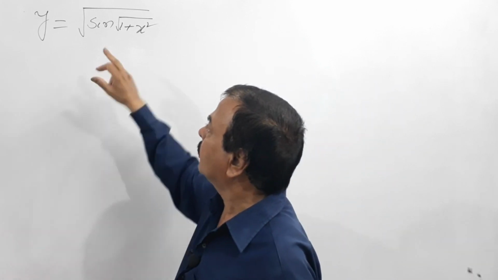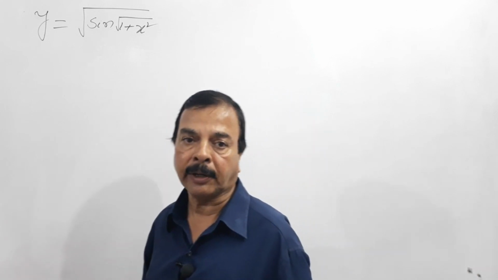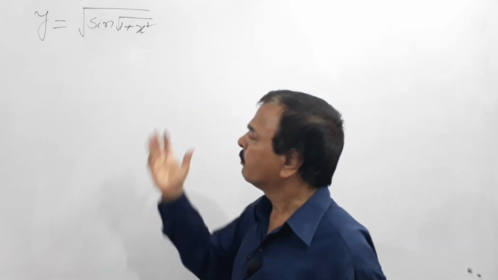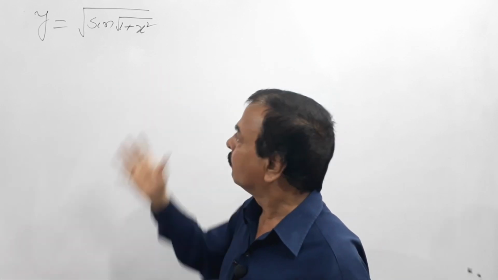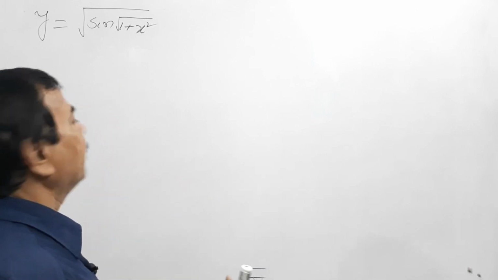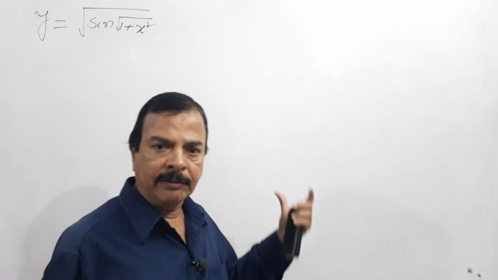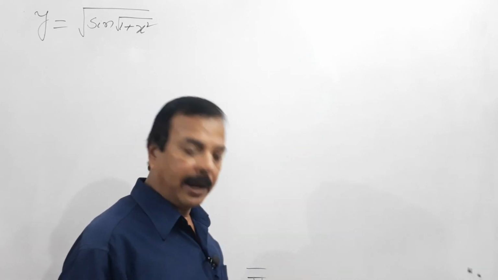y equals to under the root sine of under the root 1 plus x square. So this is a very simple problem. We have to differentiate straight away. Here this doesn't involve any standard form. You have to differentiate this with respect to x.